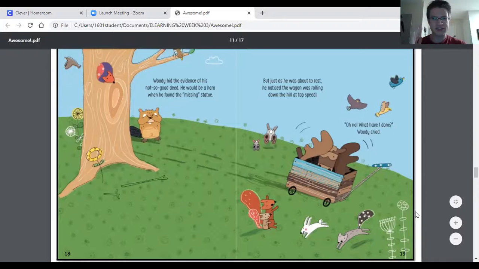Oh, wait a minute. I'm going to pause there for just a second. Look at what he said there. Oh no, what have I done? That's a huge clue. That is an enormous clue that tells us what Woody is feeling. If Woody was doing this to cause trouble and be truly mischievous, like he was doing it just to be mean, then there's no way he would have said, "Oh, what have I done?"